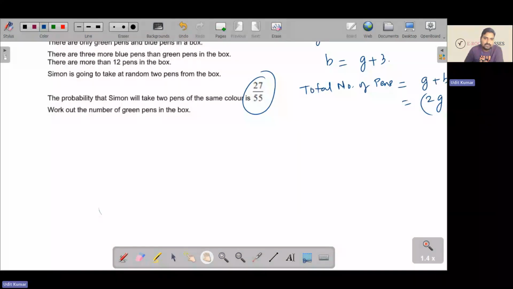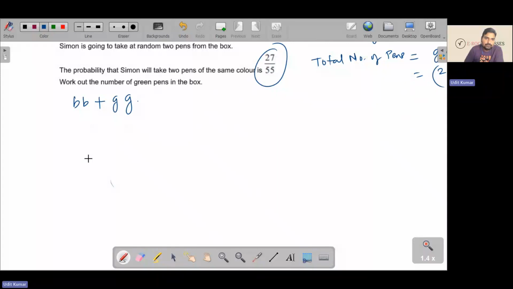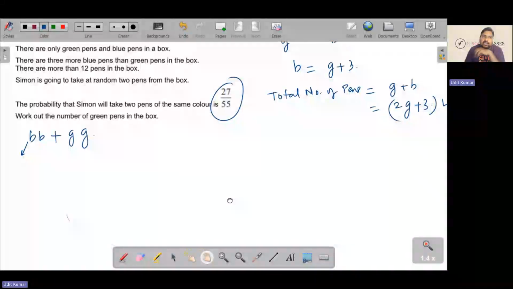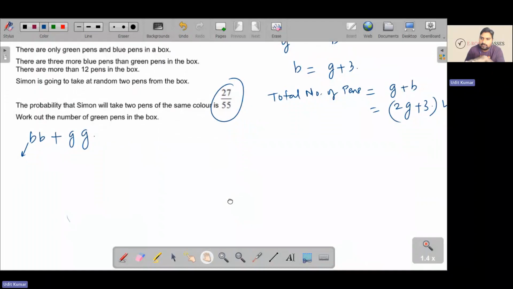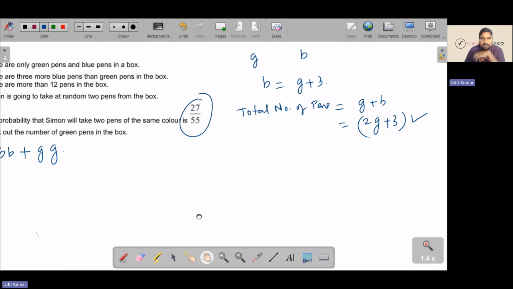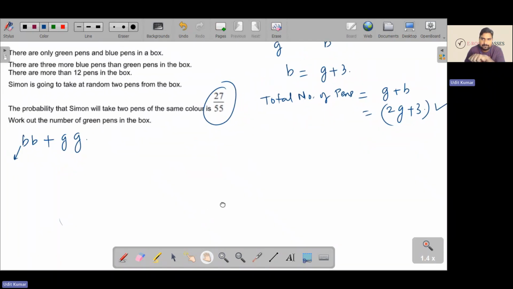So same color means both pens can be blue, or both the pens can be green, right? Now to choose the first blue, how many blue pens are there? So what we should do is we will try to make all the variables same, to make the equation simple, right? So I will write everything in terms of G.